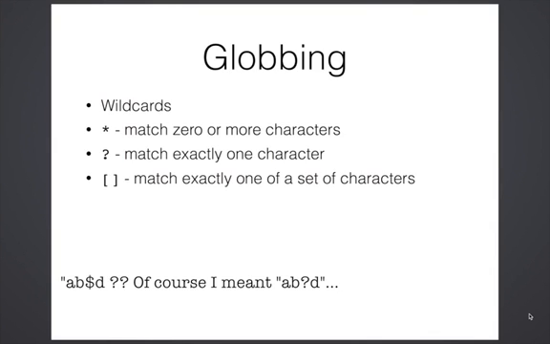So if you had a file named ABCEFD, that question mark wouldn't match that file because it matches exactly one character, and there's more than one character between the AB and the D. And then say you want to match a specific set of characters, a more limited range than just any character. You can put a set of characters in square brackets, and then the shell will match exactly one of the letters in that set of characters.